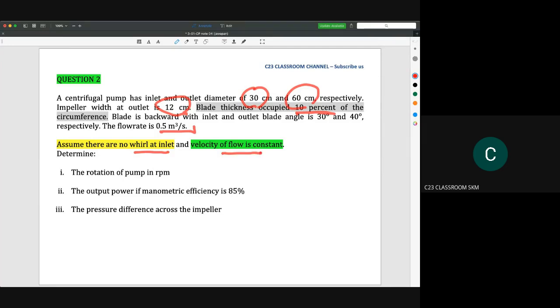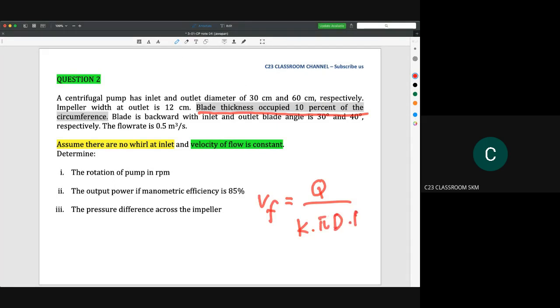Okay, so in this question, you have a condition where the blade thickness occupy 10% of the circumference. So this statement is actually refers to the equation of VF equals Q over K pi D and B. If you read this sentence, it means 10% of the total area is actually the blade.